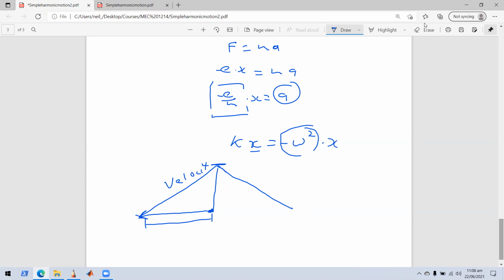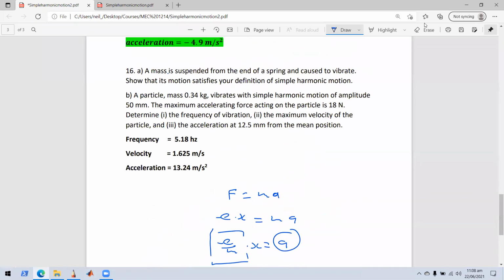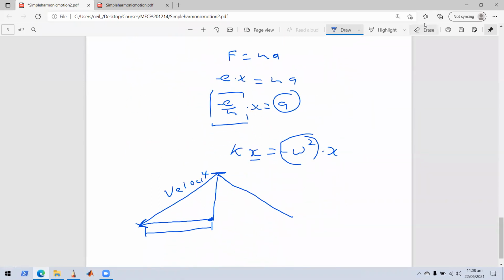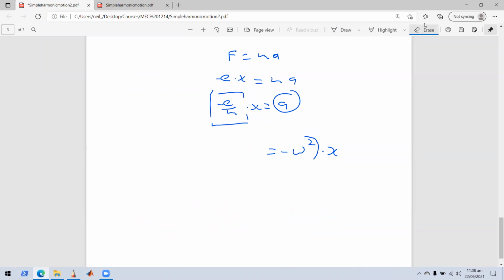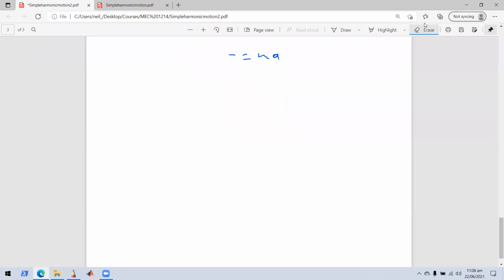So that's a simple way of showing that even with a spring, when it's vibrating, it's also simple harmonic motion. And you can fill that up with some words and extend your proof a bit longer, to completeness. But simply, that's the reasoning to show why the spring is also simple harmonic motion.